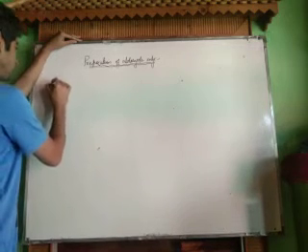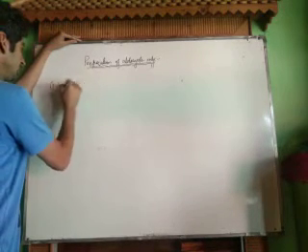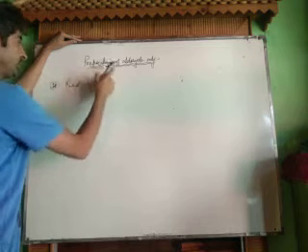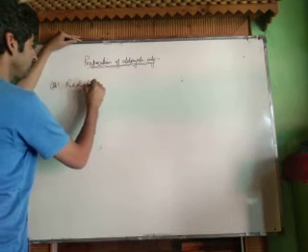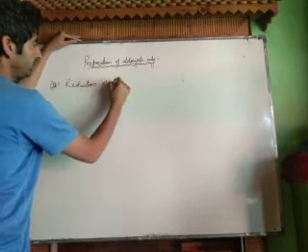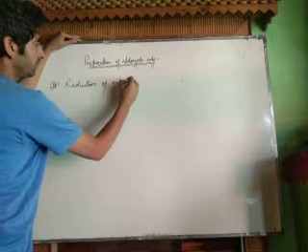Now one more method is reduction of nitriles. This is the second method for the preparation of aldehydes only. Reduction of nitriles, alkyl nitriles.